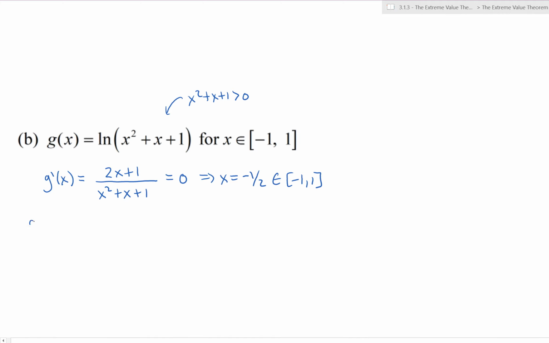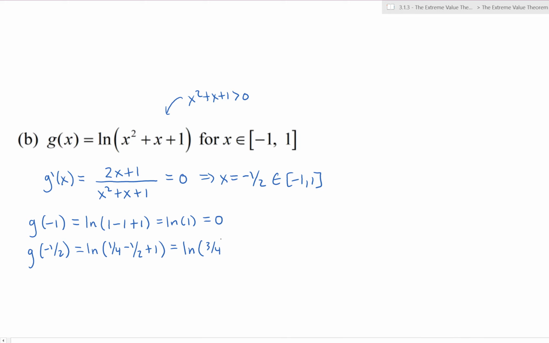Now we go and evaluate. All right, g of -1, our left-hand endpoint. That's the natural log of 1 minus 1 plus 1, which is the natural log of 1, which is 0. Going in order, go to our critical point. G of -1/2 is the natural log of 1/4 minus 1/2 plus 1, which is the natural log of 3/4.